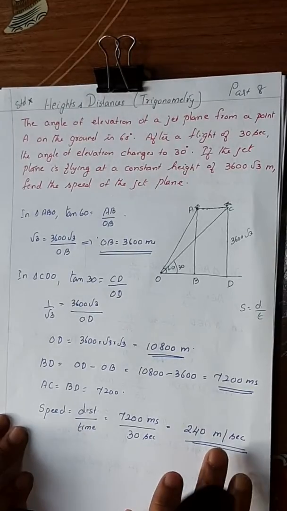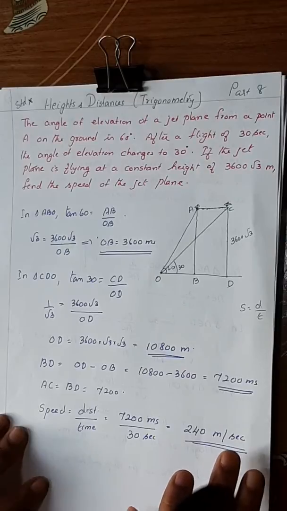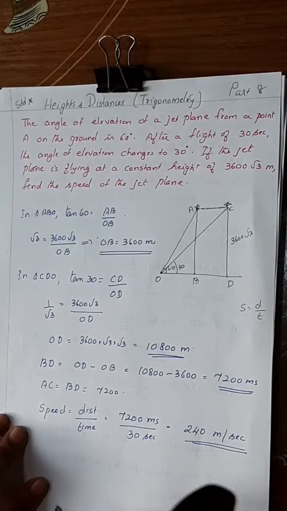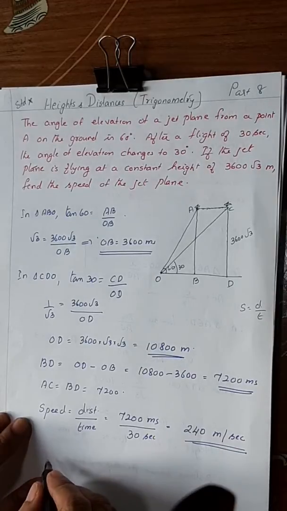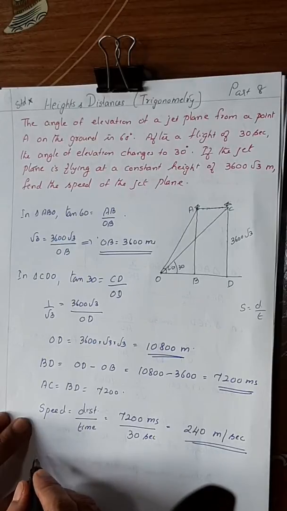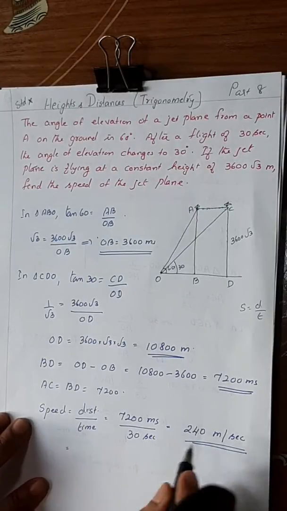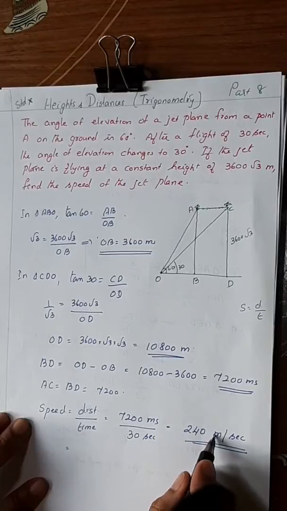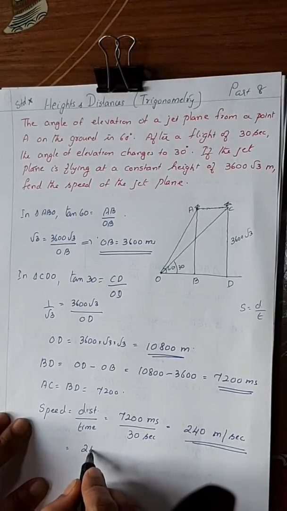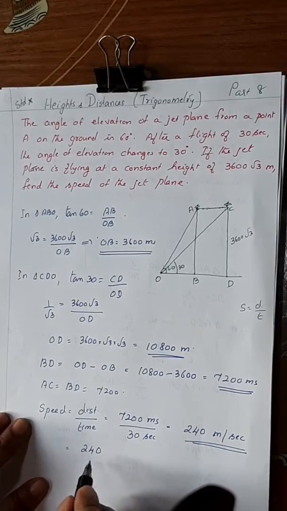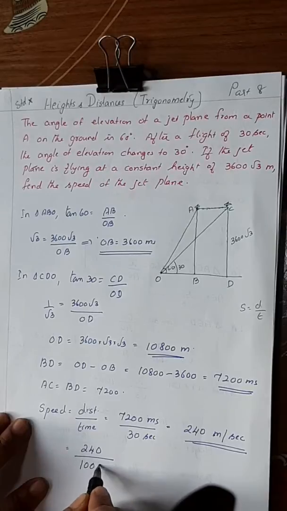You can leave it like this, or you can convert it into kilometers per hour also. To convert the meter to kilometer, you have to divide by 1000.